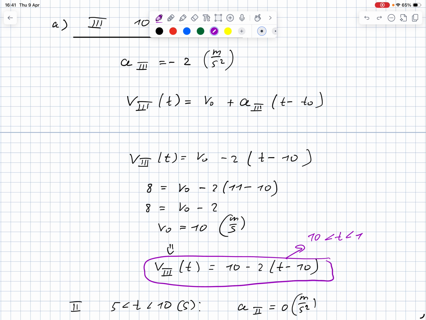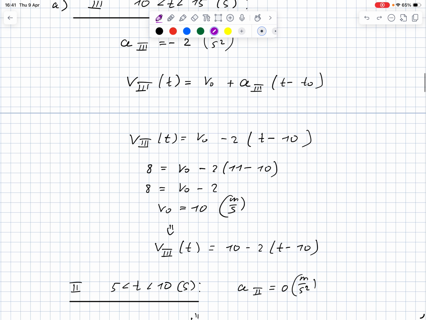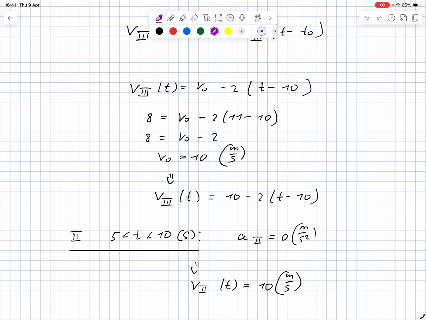It's like we're going backwards from the third interval to the second and then finally to the first interval. Okay, now what do we know about the second interval, between 5 and 10 seconds? We know that acceleration is given by this value of 0 meters per second squared. Because the acceleration is 0, the velocity will remain constant. How do I know this?